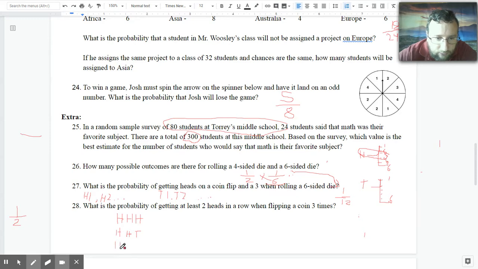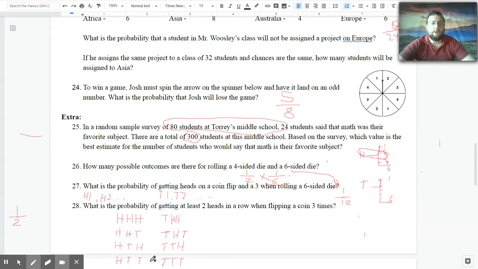Or I can get heads, tails, heads, or I can get heads, tails, tails. And then I can have all of these again, except starting with tails. So tails, heads, heads, tails, heads, tails. I could also have tails, tails, heads, and tails, tails, tails.